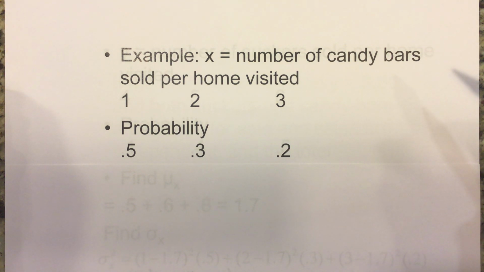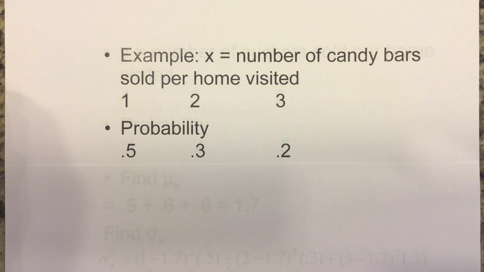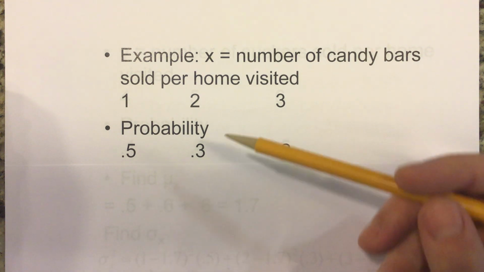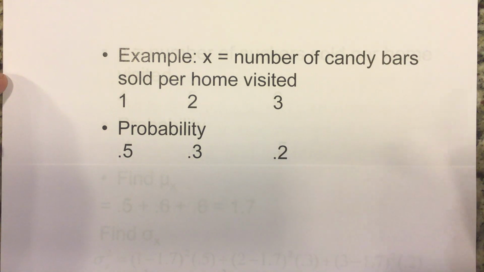And being a good statistics student, you keep track of your results. It turns out 50% of the time you sell one candy bar when you knock on a door. 30% of the time you sell two, and 20% of the time you sell three. Hey, notice that adds up to one. That's everything. So clearly you're an excellent salesperson. You never take no for an answer.